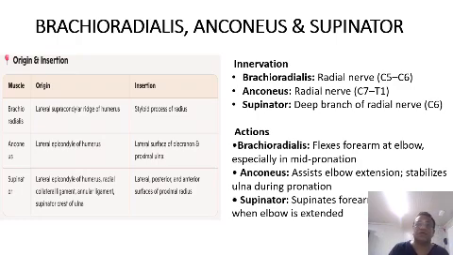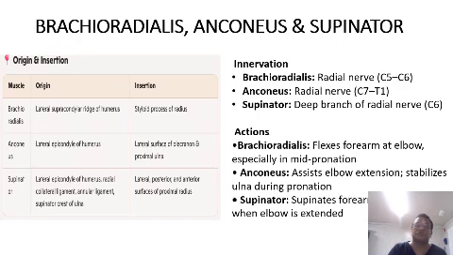The other muscle is the supinator. It has a broad origin: the lateral epicondyle, the radial collateral ligament, the annular ligament, and also the supinator crest of the ulna. This muscle wraps around and inserts onto the proximal radius.